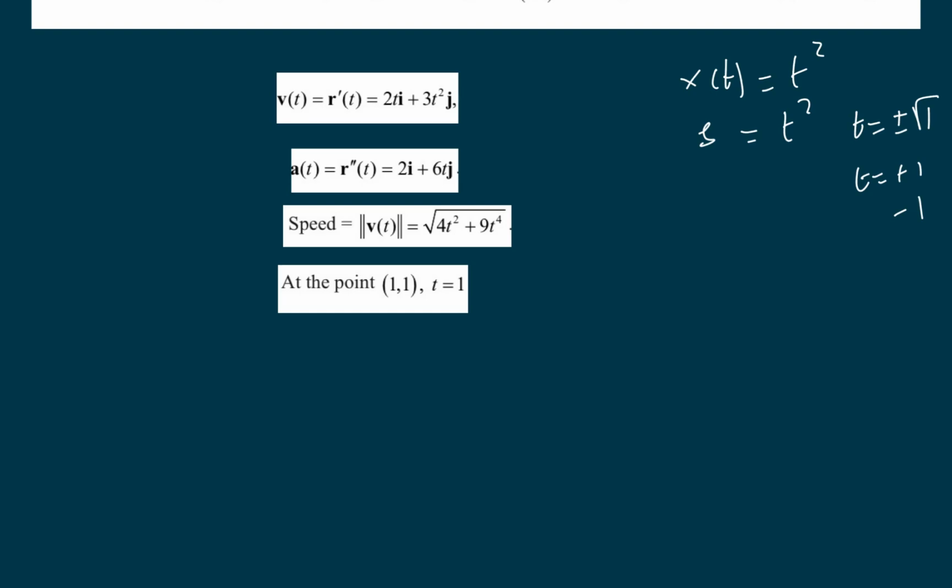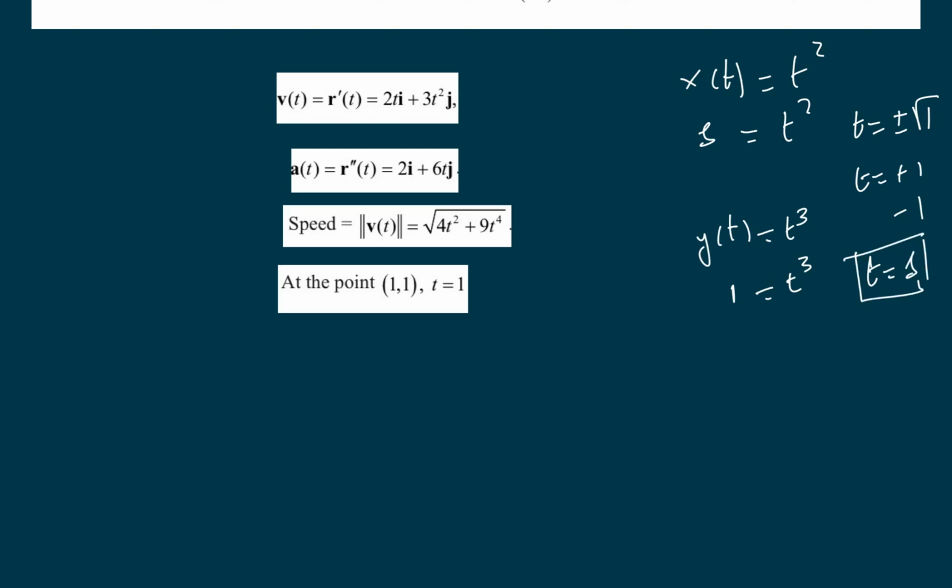Why? Because y of t is t cubed, and we want y to be 1. So t cubed is 1, so t is the cubic root of 1, which is when t is equal to 1.